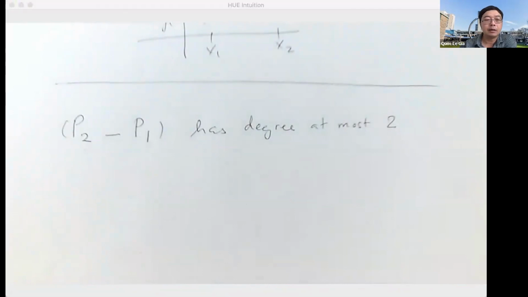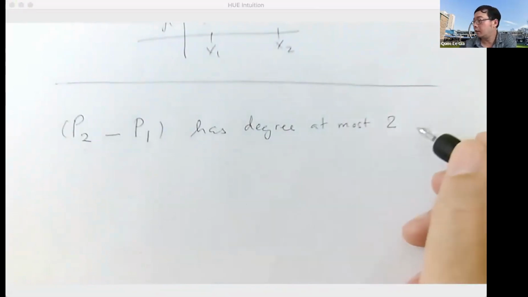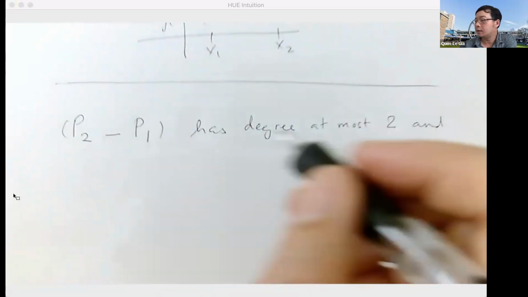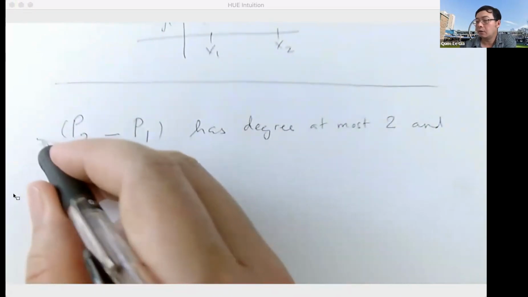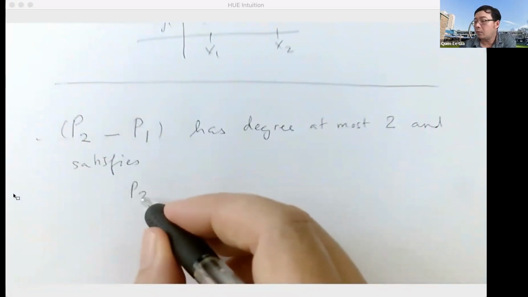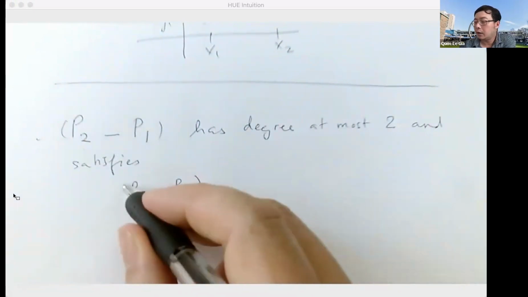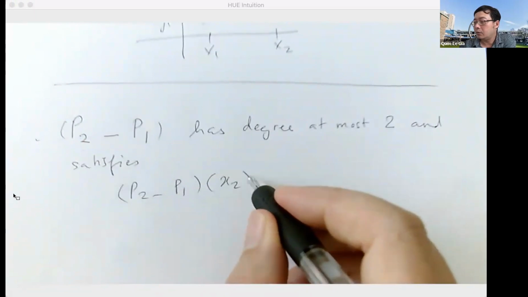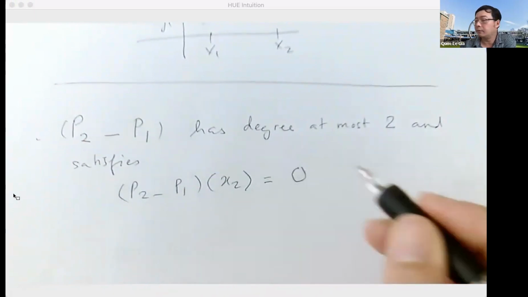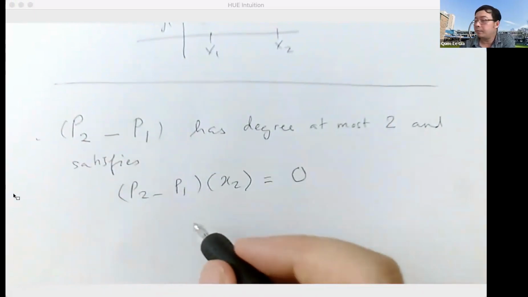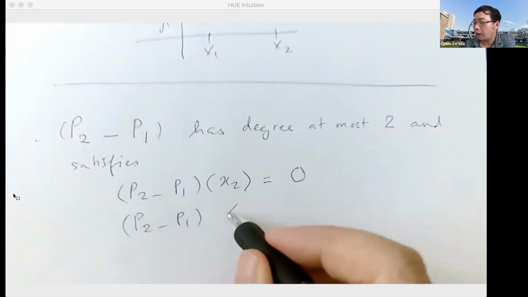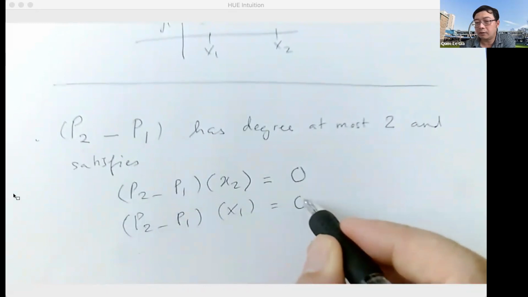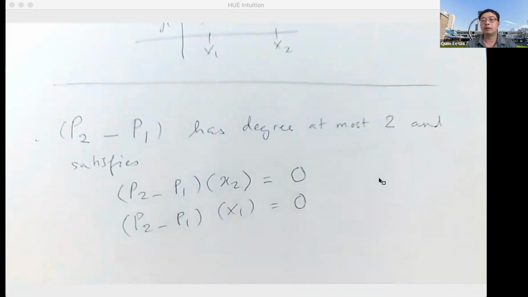And then it satisfies P2 minus P1 at x2 equals 0, right? And P2 minus P1 at x1 equals 0. Okay.